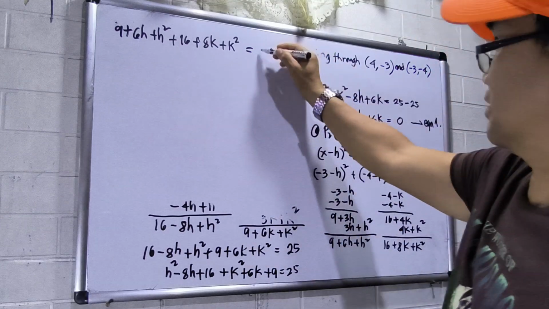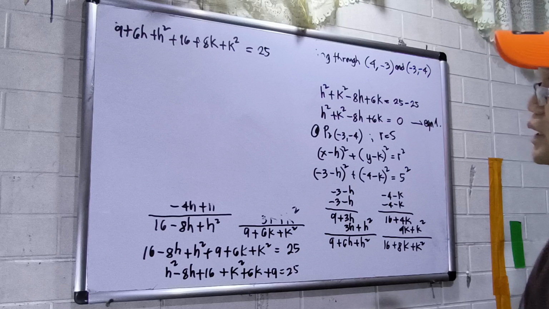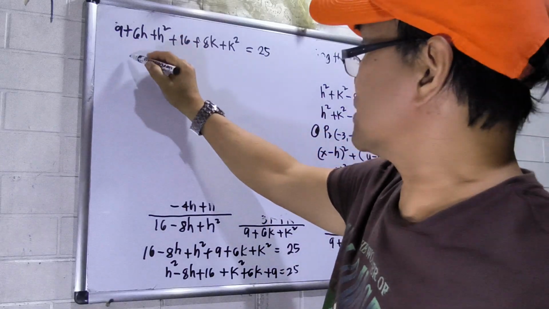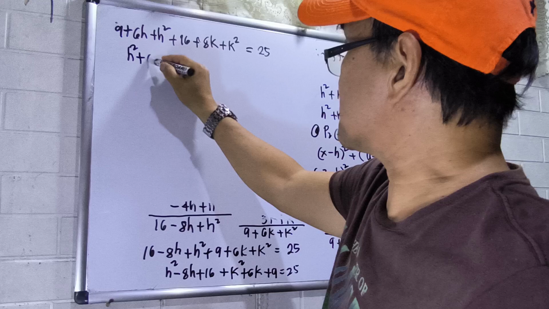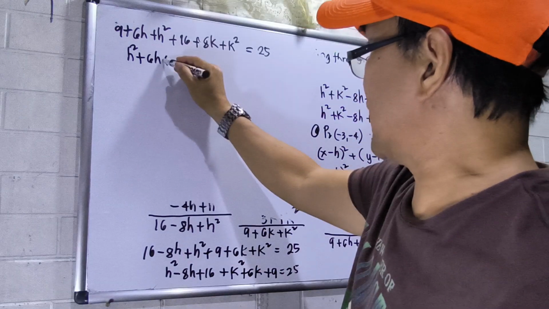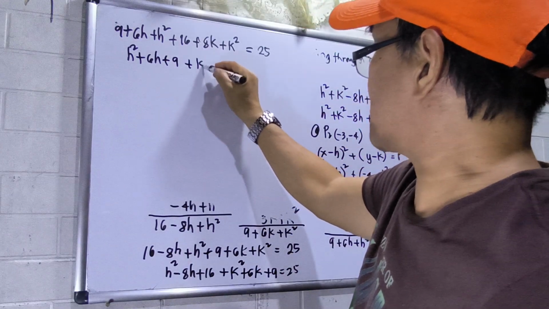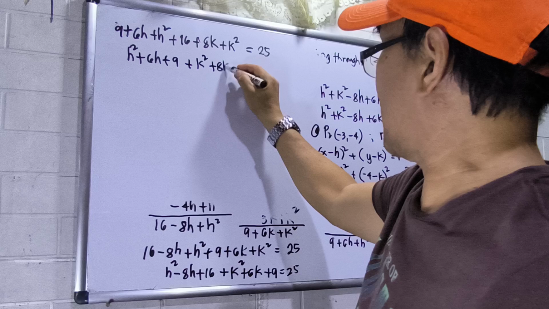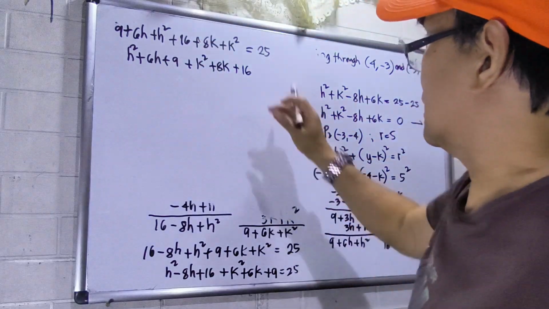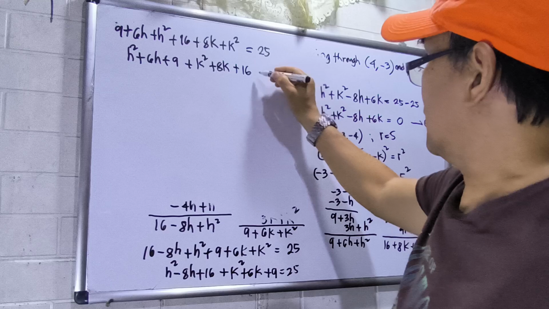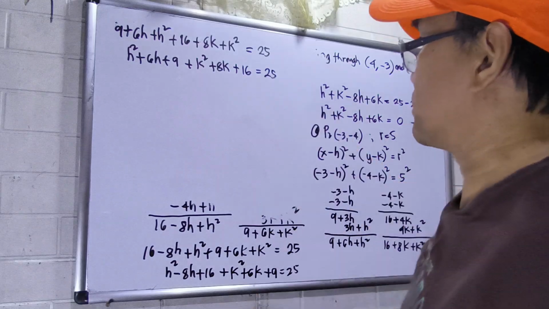Okay, 5 squared, that will be 25. Then I will arrange this one. So it should be h squared plus 6h plus 9 plus k squared plus 8k plus 16 is equal to 25.